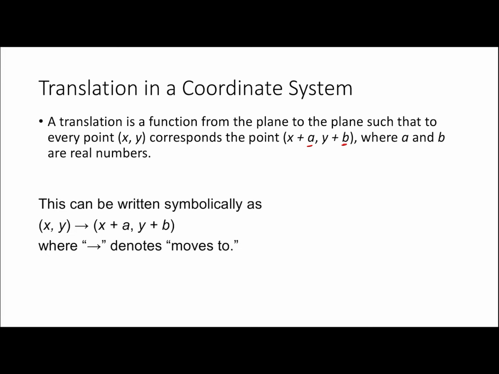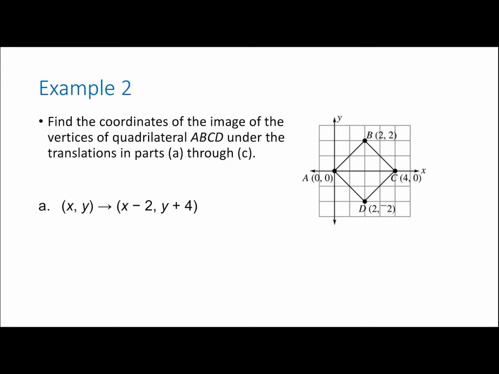So we can write it symbolically like this. And we use this arrow to say the original point moves to the new point. Okay, so as we look at some of these and we talk about the original and the image, we're going to use that notation saying, okay, this point moves to a new point.